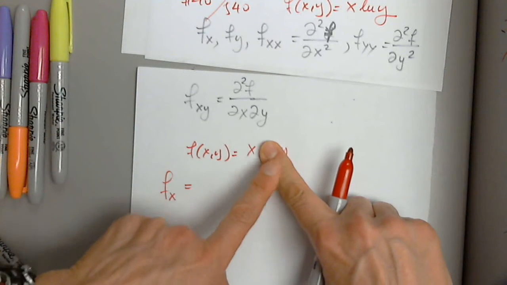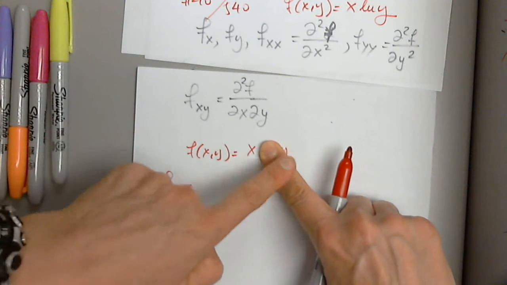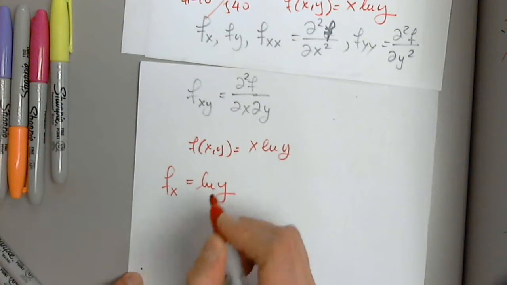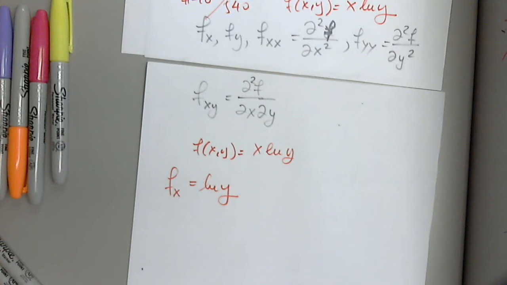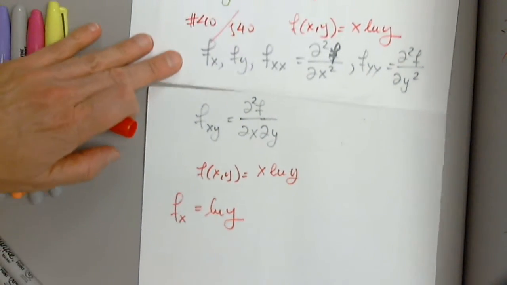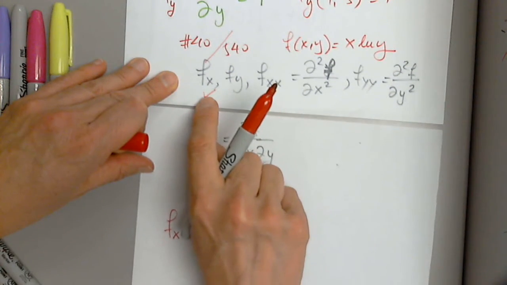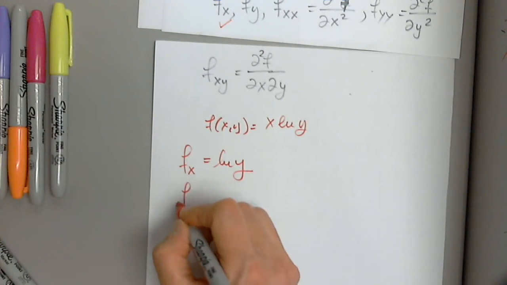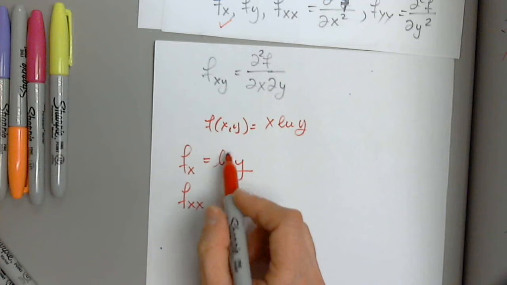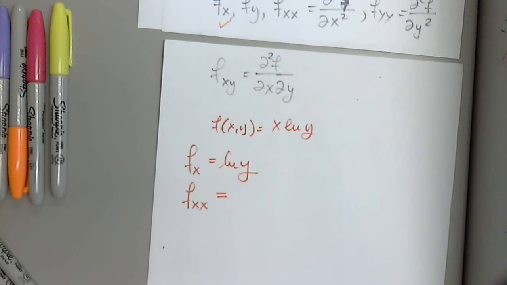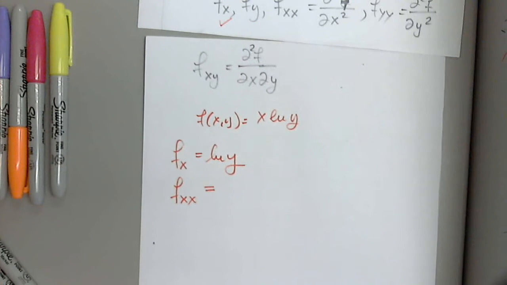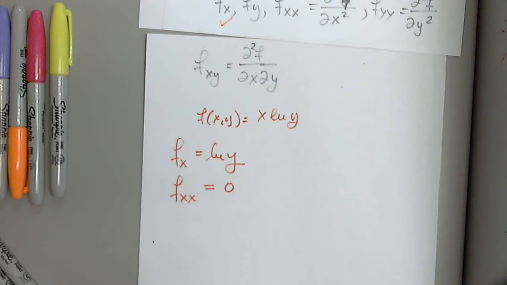When I differentiate the constant times x, I get the constant, natural log y. So this is clear. What would be fxx? So I differentiate this with respect to x, but this is a constant. There is no x in it. So it's just 0. Exactly.